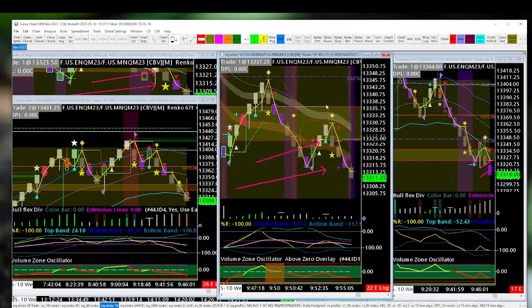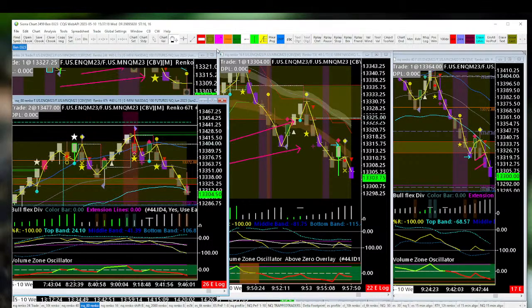But to make this really easy, rather than having to think through all that, all you really have to do is look at the higher time frame and determine whether or not you're bearish or bullish. You can see here, as soon as we had the star triangle down, and then again star triangle down, star triangle down, those are all sell signals.